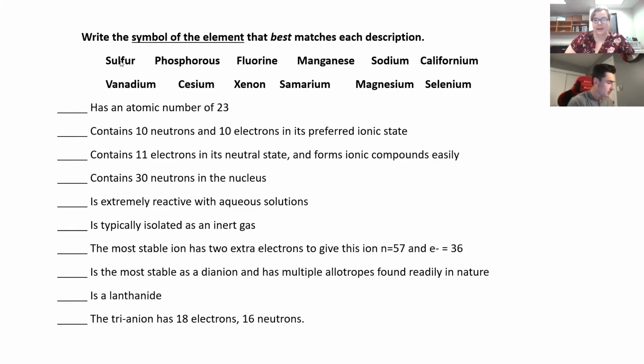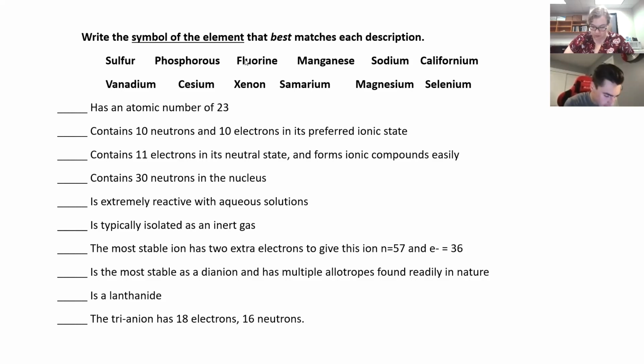Could that possibly have 30 neutrons? It can't. So we can eliminate sulfur. What if we try phosphorus? Phosphorus is just P. It can't be that because it'd be 15.